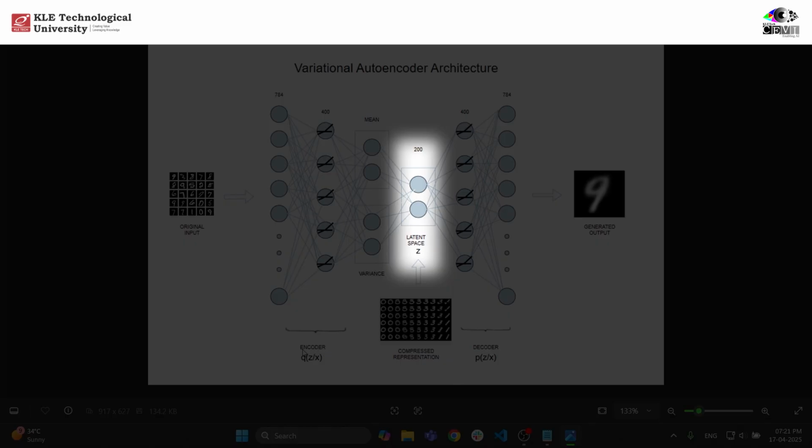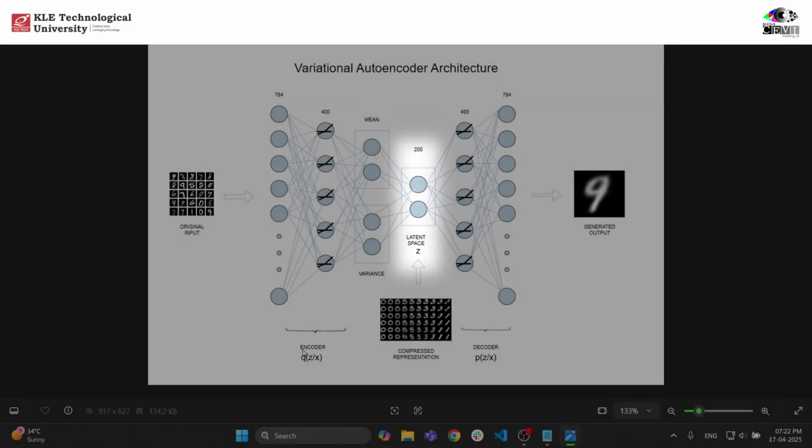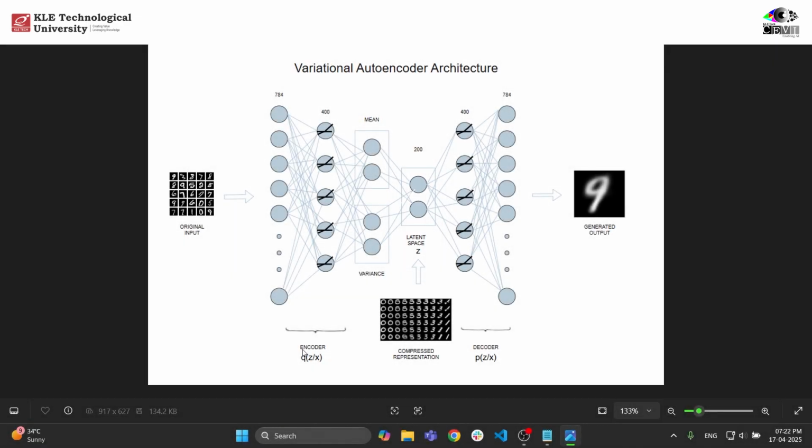The latent space is a lower dimensional, continuous space where the input data is encoded. However, sampling directly from this distribution would break the flow of gradients during training. To solve this, VAEs use a technique called the reparameterization trick. Rather than sampling Z directly, we introduce a random variable epsilon, sampled from a standard normal distribution, mean 0, variance 1.